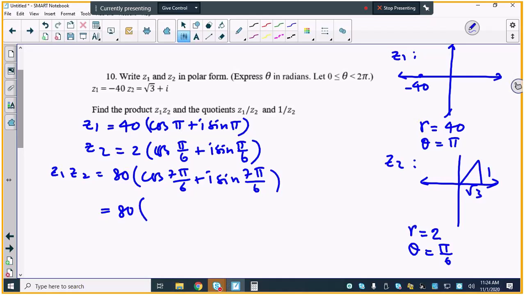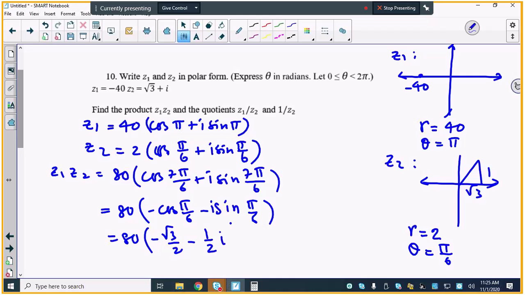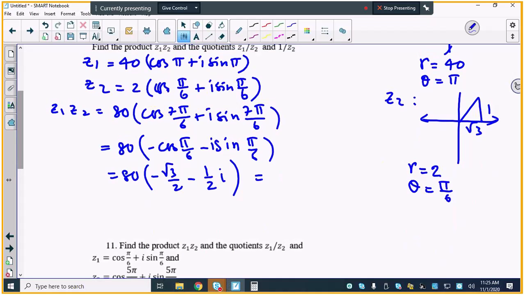So I get to say that this is minus cosine pi over 6 minus i sine pi over 6. So 80 times square root of 3 over 2 minus 1/2 i. Divide by 2 and you get minus 40. And I also factored out the minus times square root of 3 plus i.